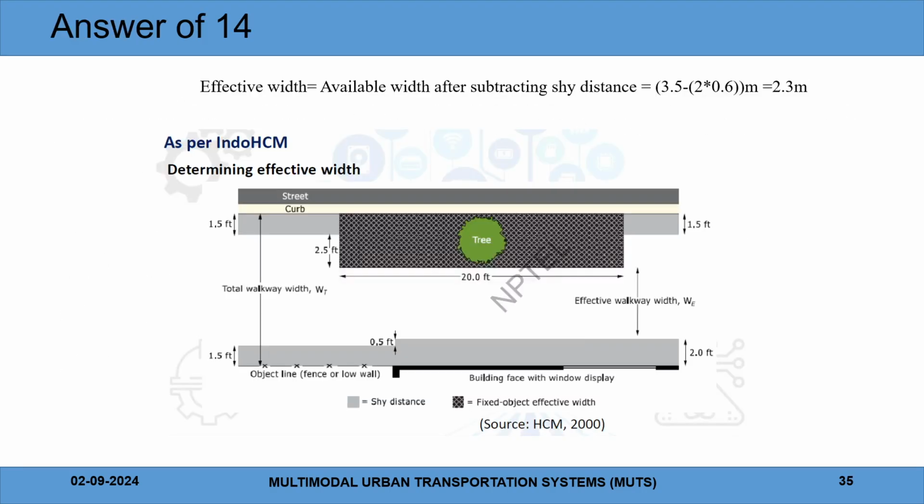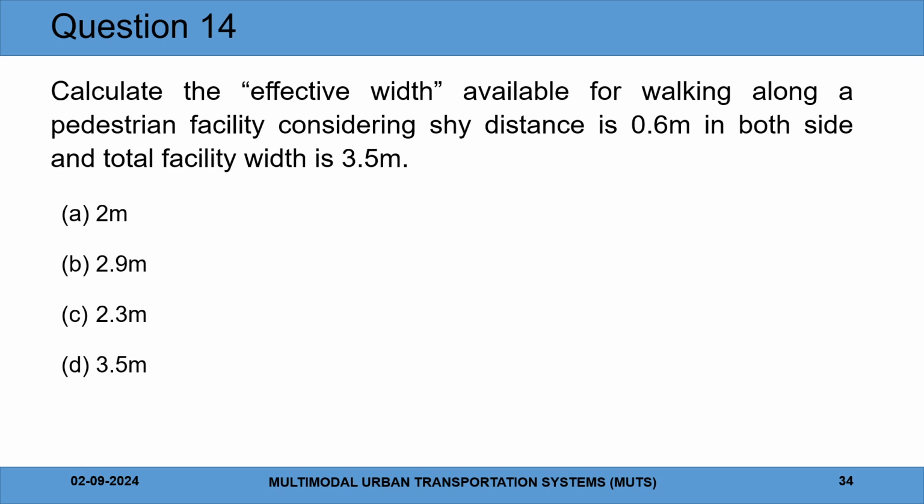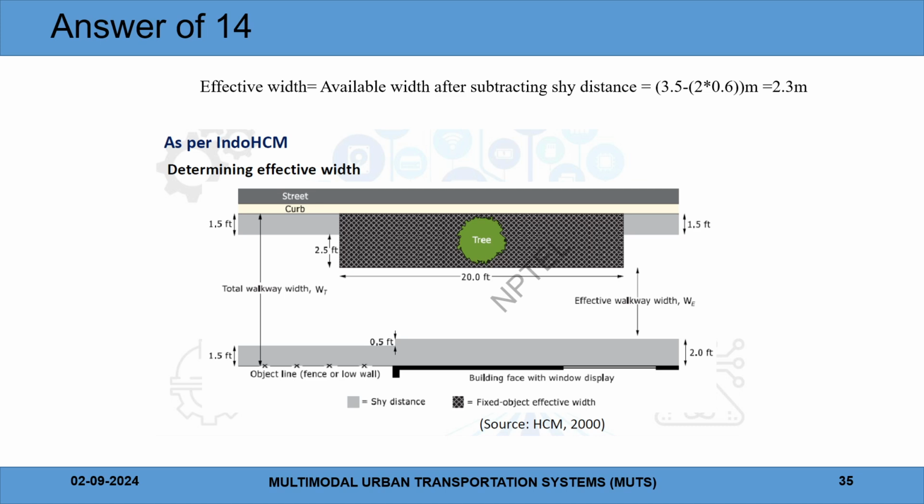Next, we also have to calculate the effective width. The facility width given is 3.5 meter and the shy distance is 0.6. If someone is walking, they might not get very close to the curb or very close to this side. If the pedestrians are walking in a place where they are comfortable, it is basically the total width.